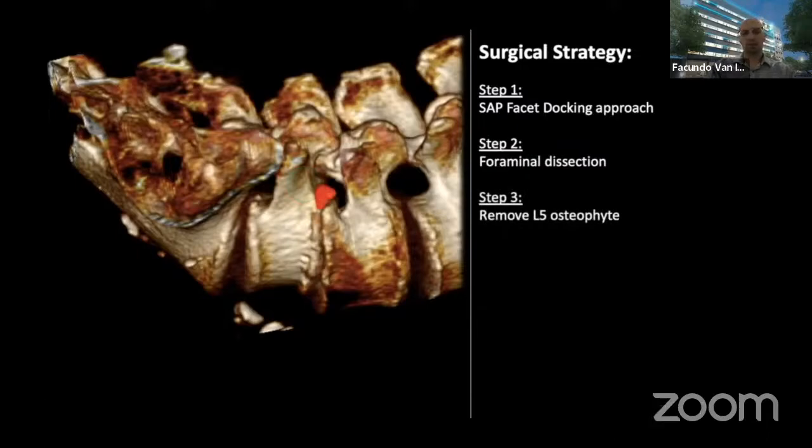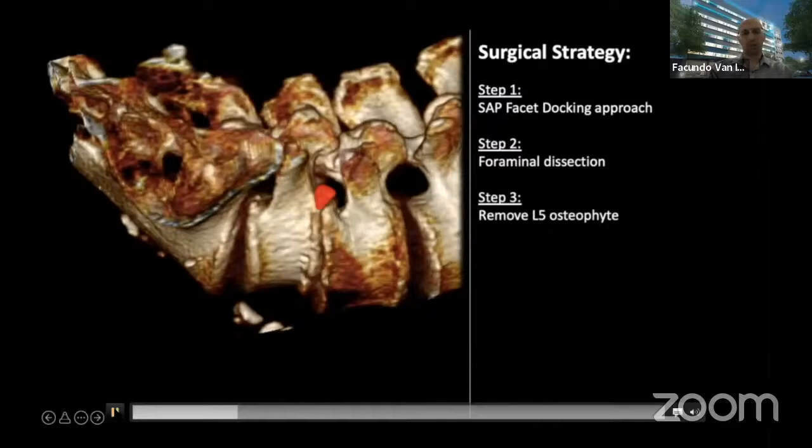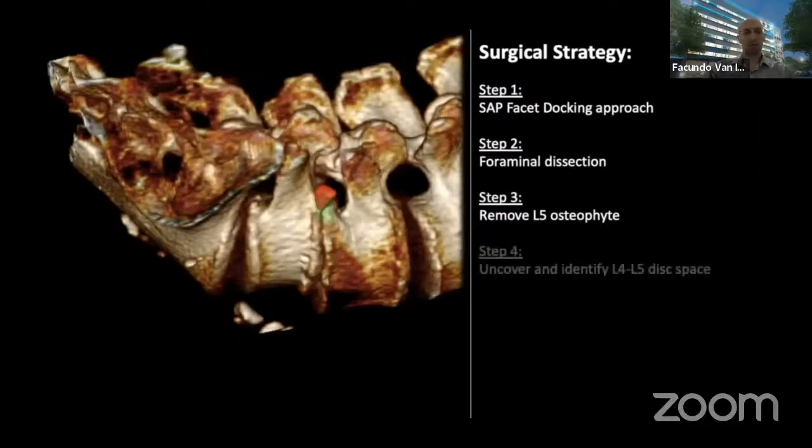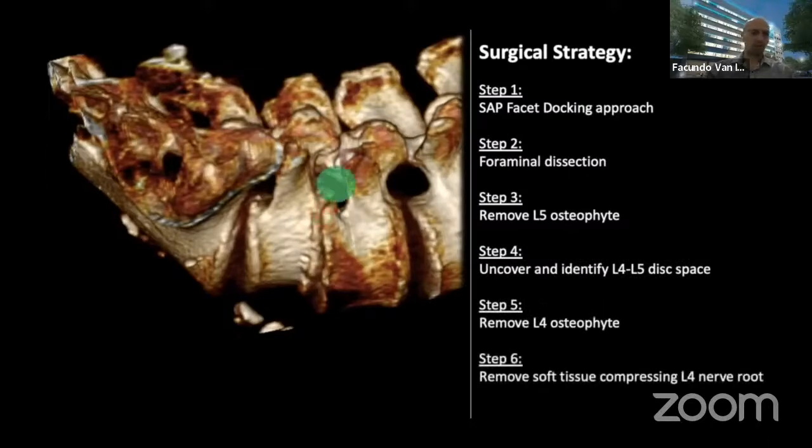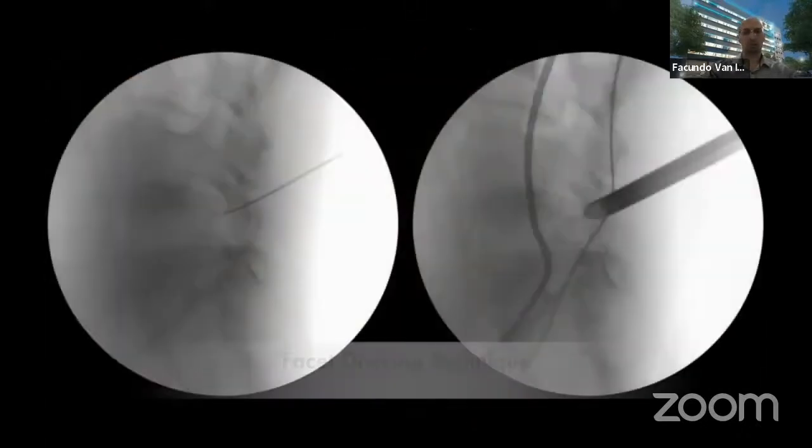This is only possible because we have the ability to navigate and the freedom of movement that we learned in the interlaminar approach. When we get to the osteophyte, we remove it, access the disc space, and then remove the L4 osteophyte, and then release the soft tissue that is compressing the L4 nerve root.